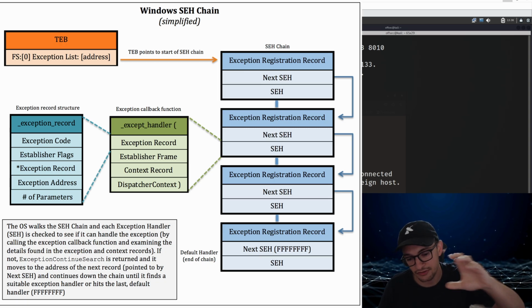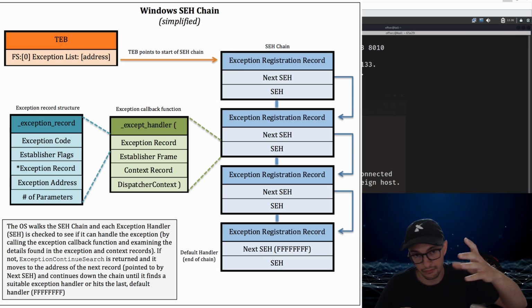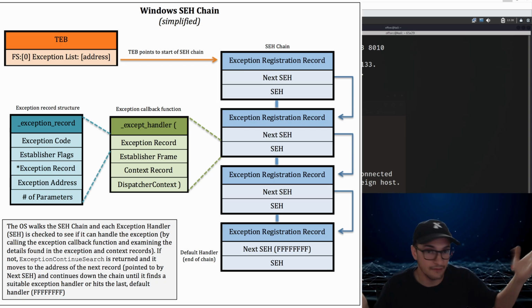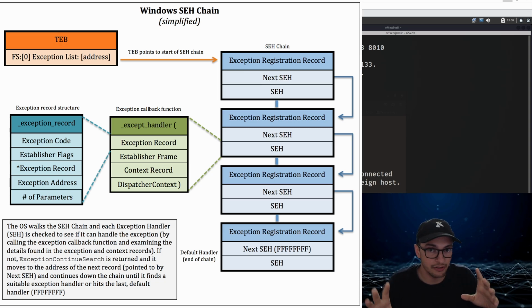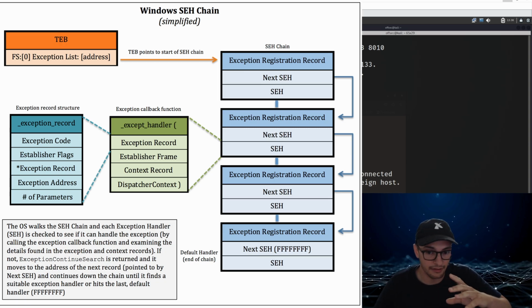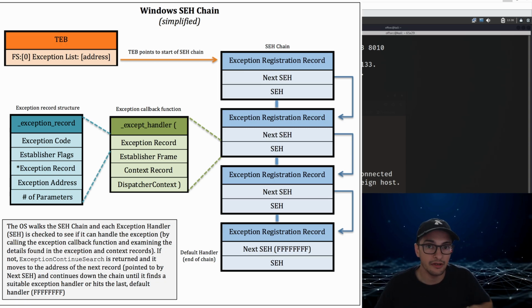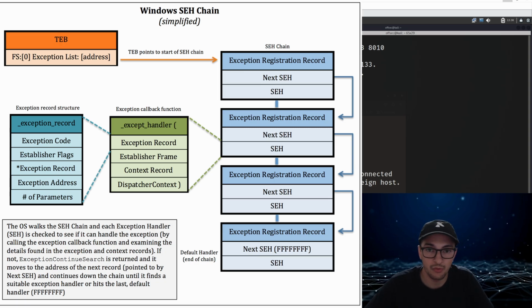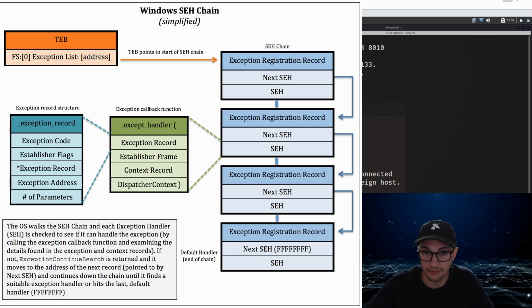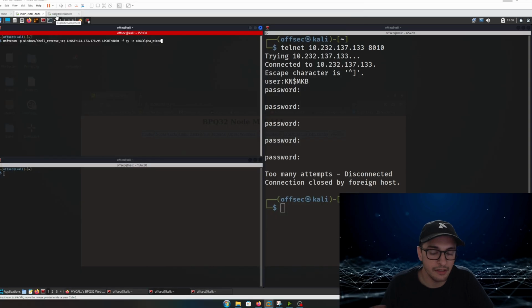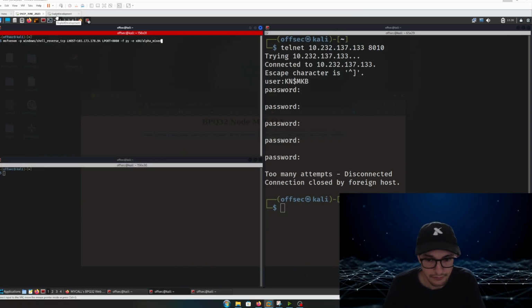So it tries the first thing, and it's a try-catch statement if you're into coding. It'll try the first error handling procedure, and if that doesn't work, it'll go on to the next thing in the chain, and it'll keep on going until eventually it's out of programmer-labeled error handling, and it goes into the default Windows one, which is typically to terminate the program.